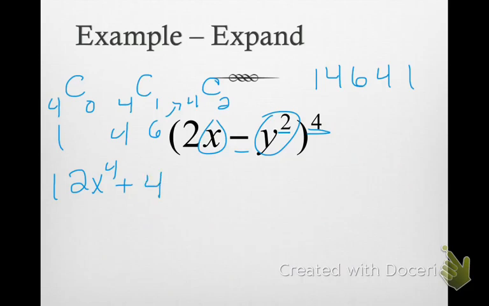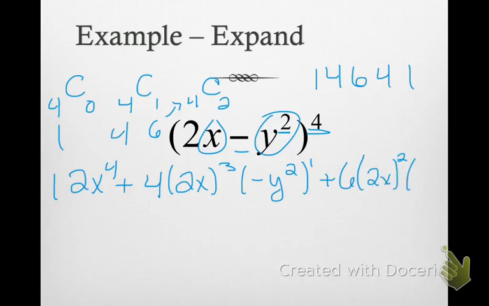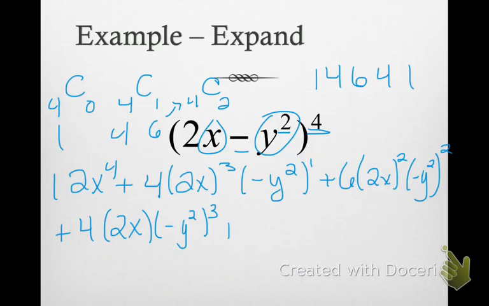Plus 4 times 2x to the 3rd times negative y squared to the 1st, plus 6 times 2x squared times negative y squared to the 2nd, plus, back down to 4, 2x to the 1st, negative y squared to the 3rd, plus 1 times negative y squared to the 4th.